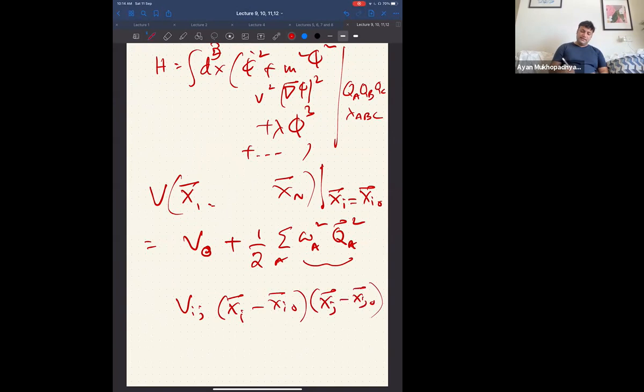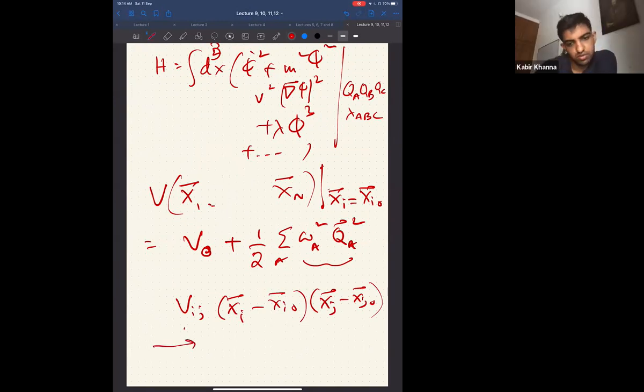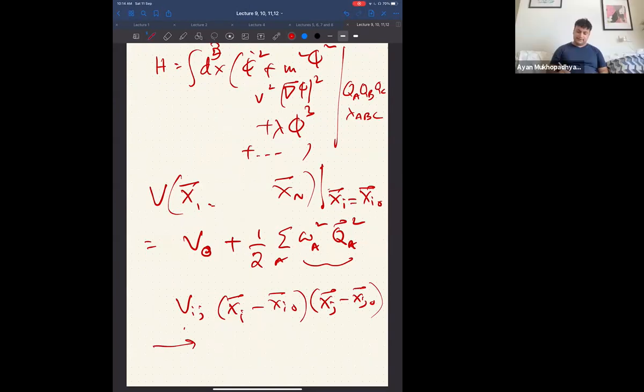There would be no linear term because it's a critical point. I only have the quadratic term, right? Now this I can diagonalize as a matrix, and if I diagonalize it, I would get some omega a square q a square.